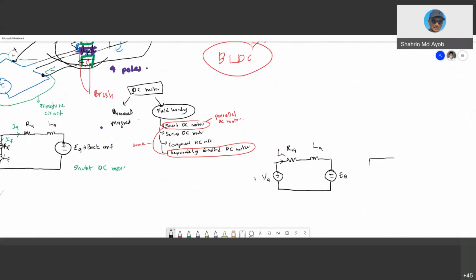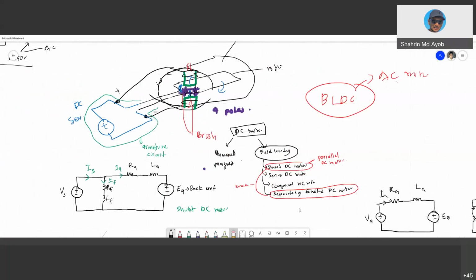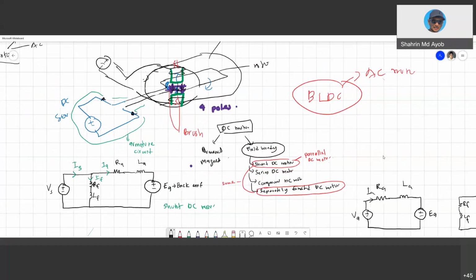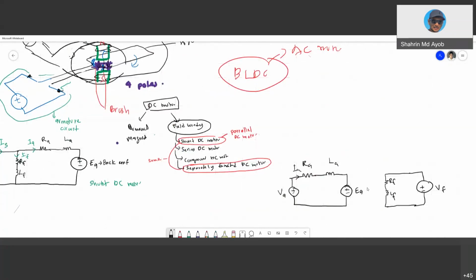The field circuit RF and LF is supplied by a separate source. Meaning that you have two supplies. So there are two sources. So under the separately excited DC motor, the armature circuit and the field circuit are separate.